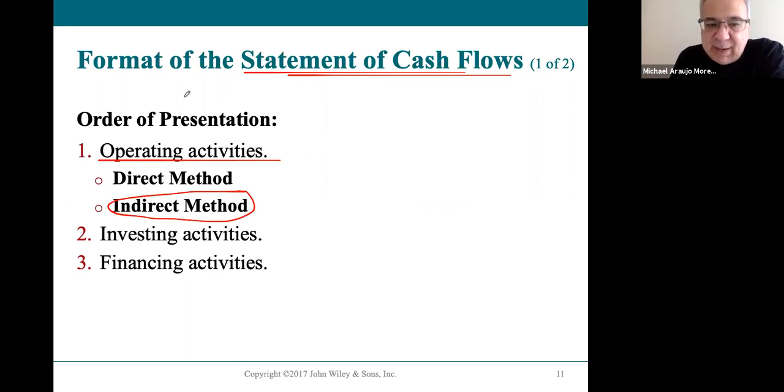But in essence, the statement of cash flow has an order that's listed. It always starts with operating activities. Usually there's going to be cash provided by operating activities. In other words, there's going to be a cash flow coming into the company from its operating activities.